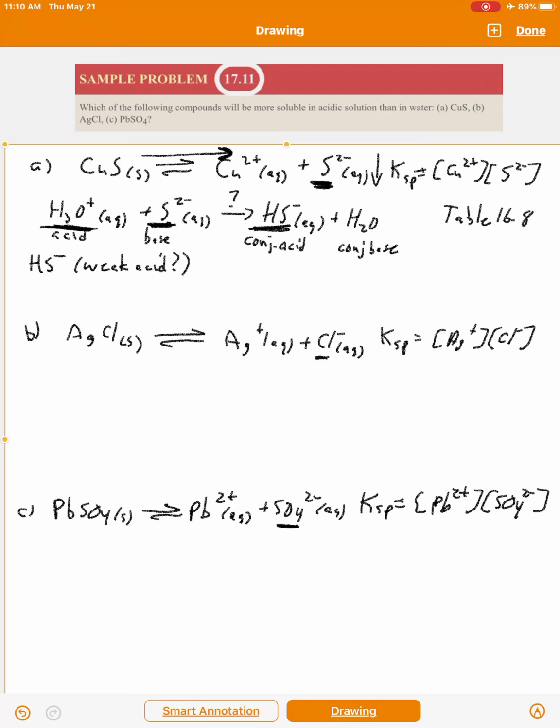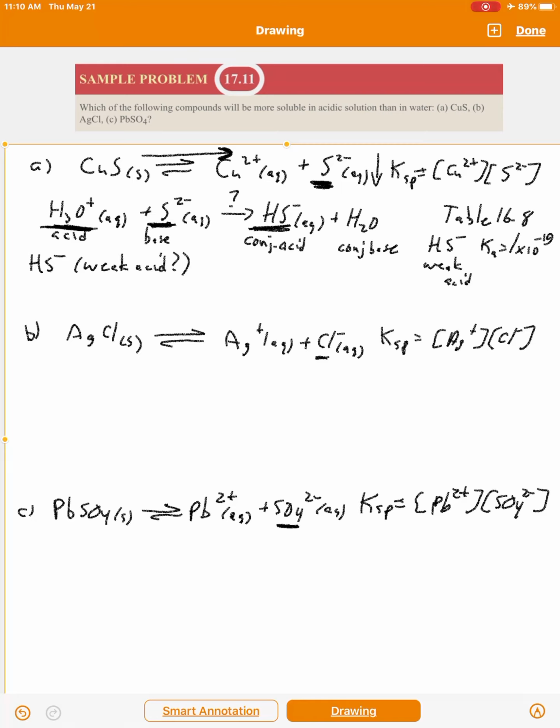And what it tells you is that HS minus has a Ka of 1 times 10 to the minus 19. It's very small, so that means HS minus is a weak acid.